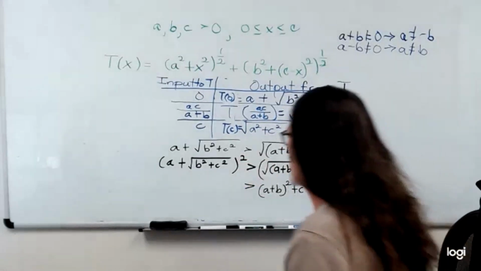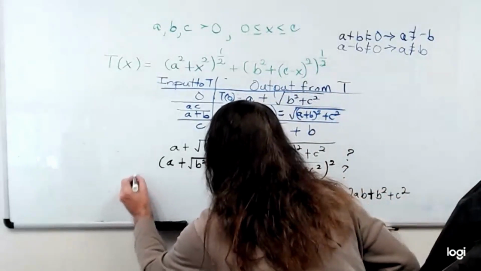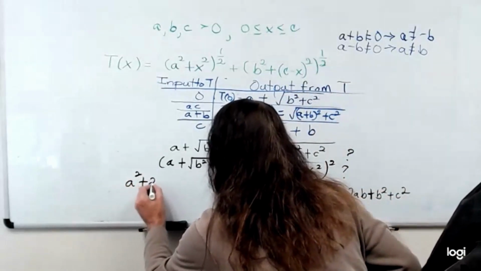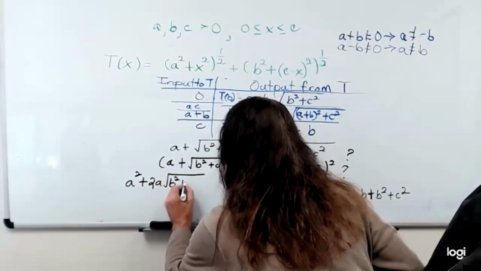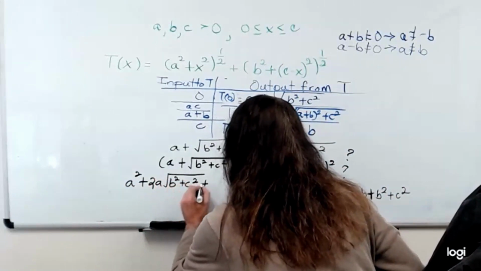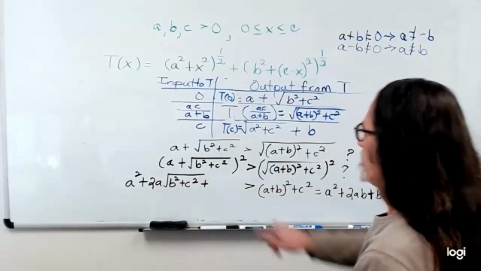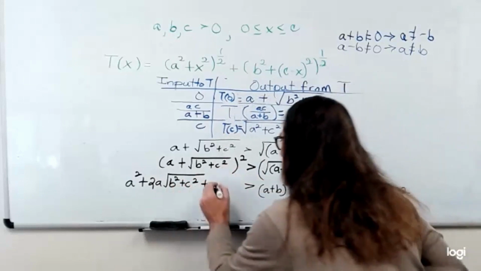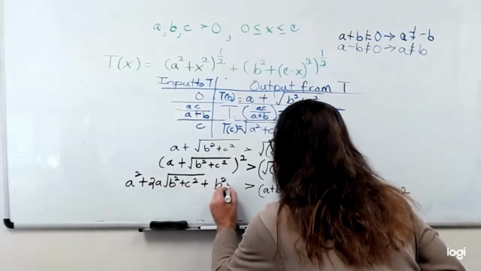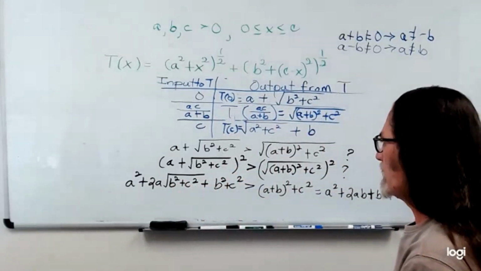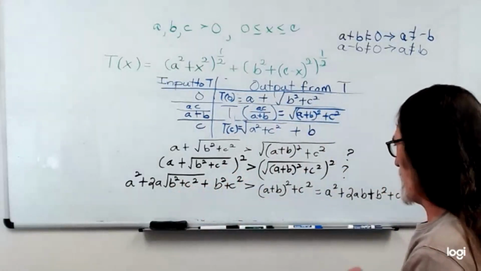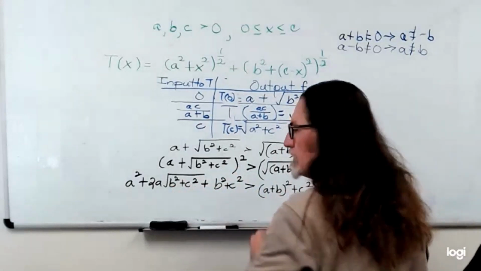On the left-hand side, expanding that, we'll get cancellation here. Cancel out the a squared, b squared, and c squared that we have from both sides.